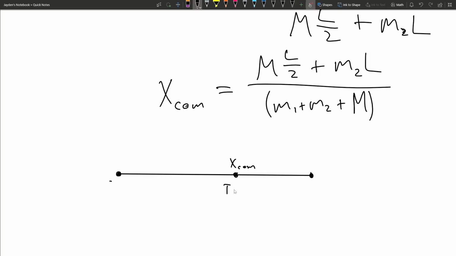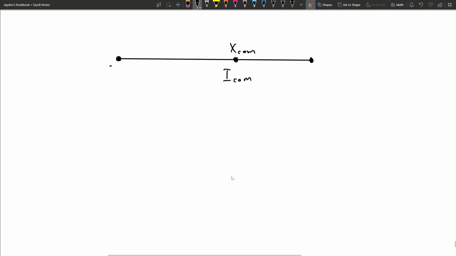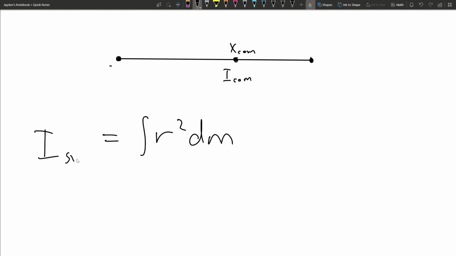This is where we're trying to find the I center of mass for the system. Okay, so what is rotational inertia again? Let's go back to the basics. It's R squared times dm. For each individual little dm, we find its R squared value, and that sum is equal to I of the system.